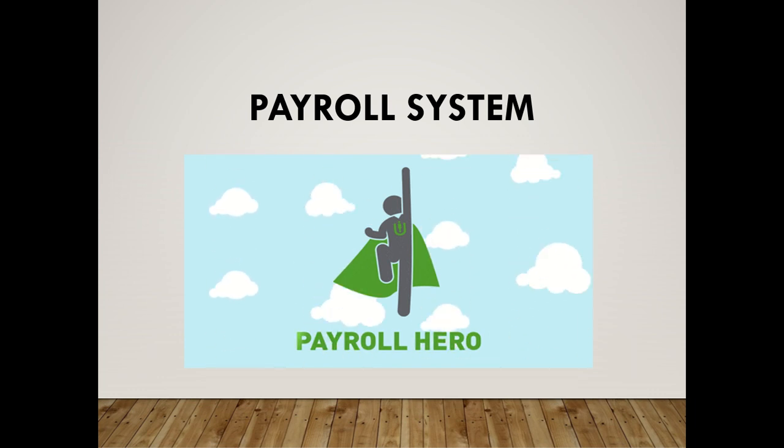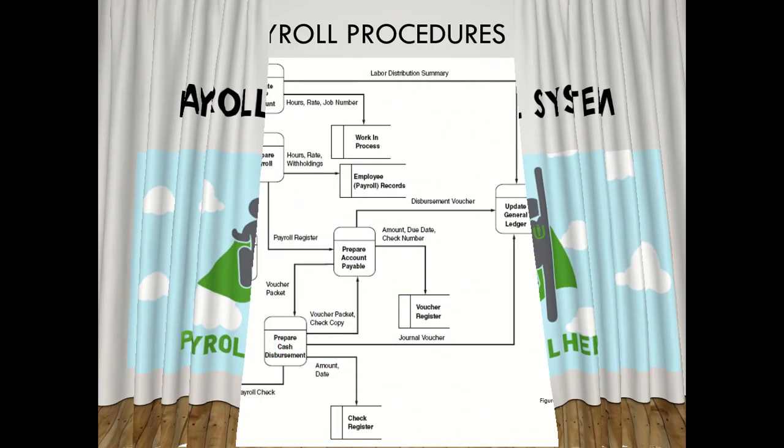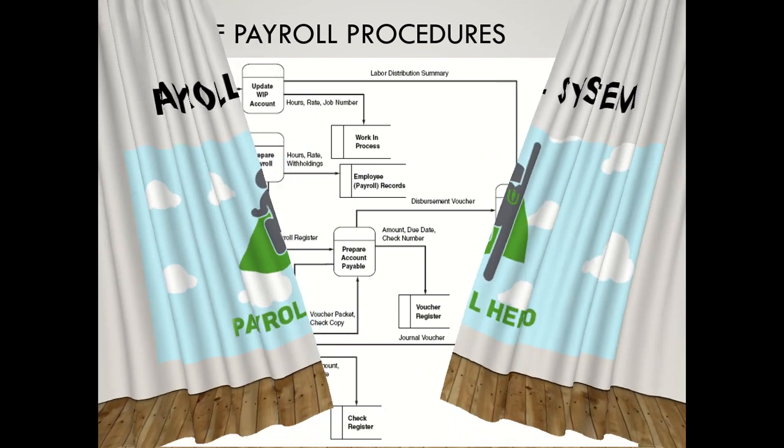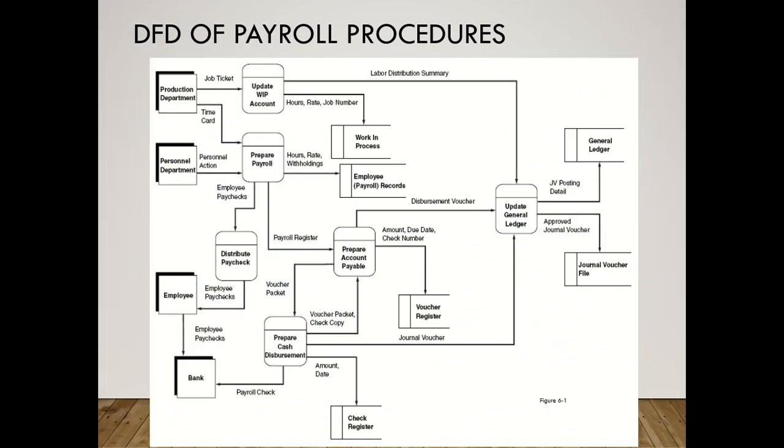In this particular slide, you will again see our data flow diagram for the payroll procedures. As you can see here, there are various departments, which include production and personnel. Because production is here, it means most likely that we are in a manufacturing setting.